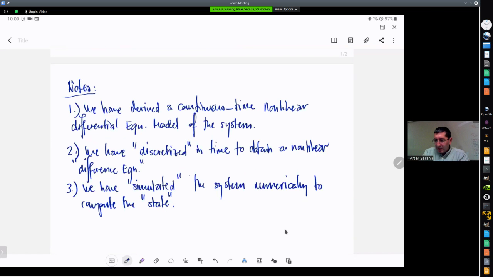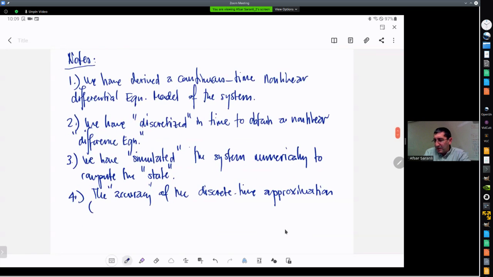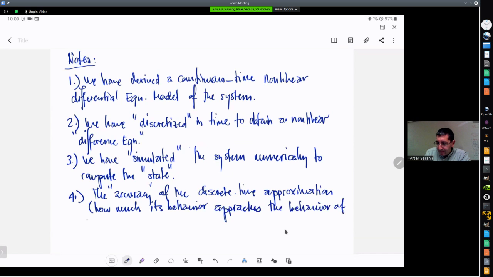Okay? So let's also put this down. The accuracy of the discrete time approximation, let's say how much its behavior approaches the behavior of the continuous time version, the accuracy of the discrete time approximation improves as delta t goes to zero.